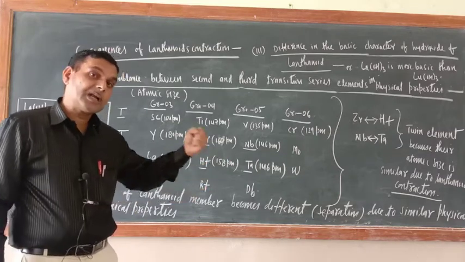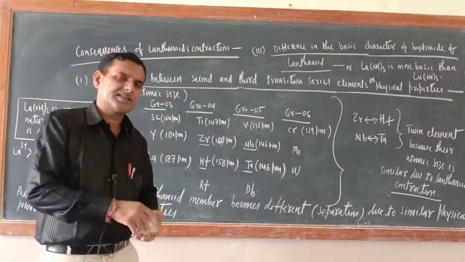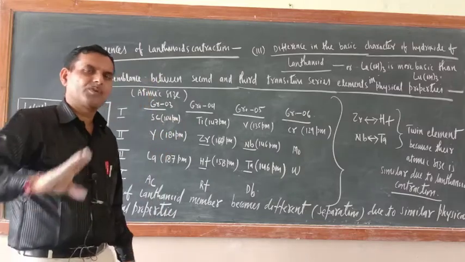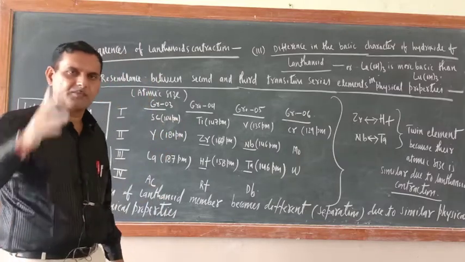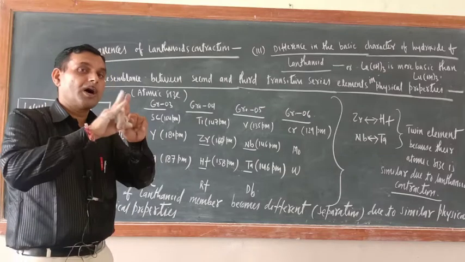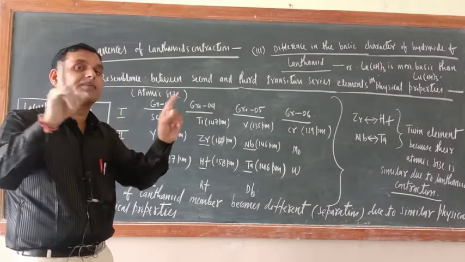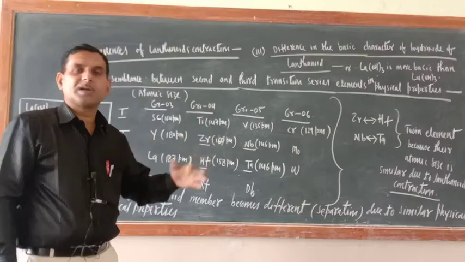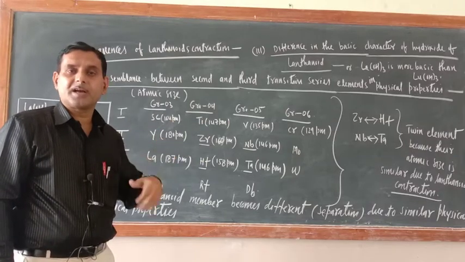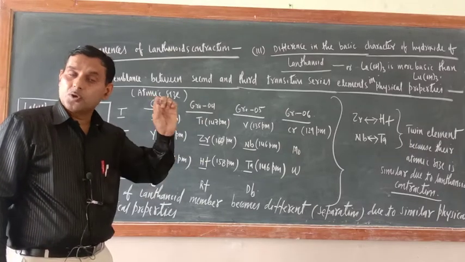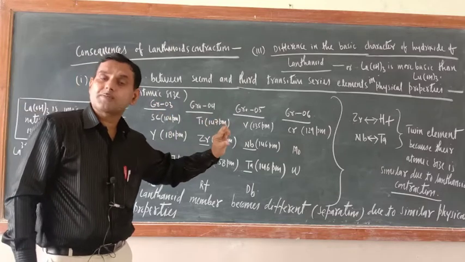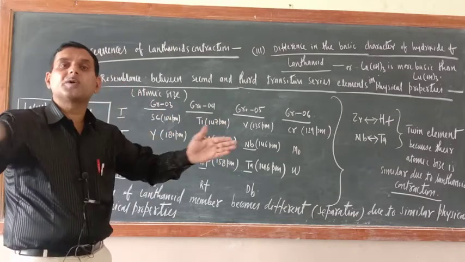So their isolation becomes difficult. Why? Whenever you want to separate one element from another element, which property are you using? You are using the difference in their physical properties, meaning their solubility, their boiling point, their melting point, their refractive index. On the basis of difference in those properties, you are separating two elements.